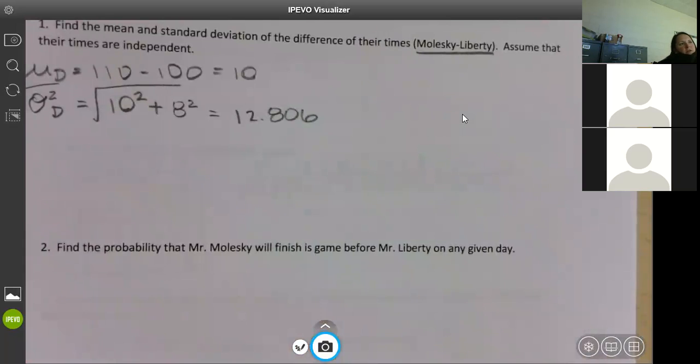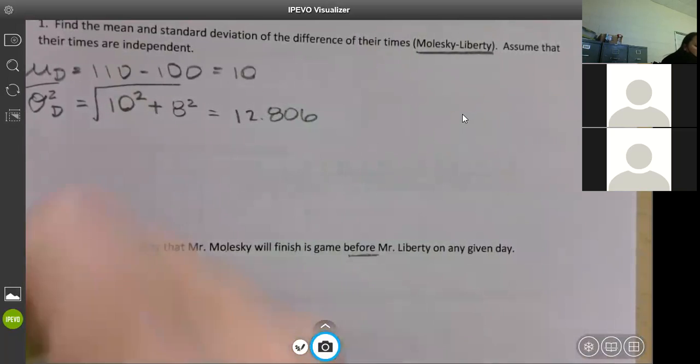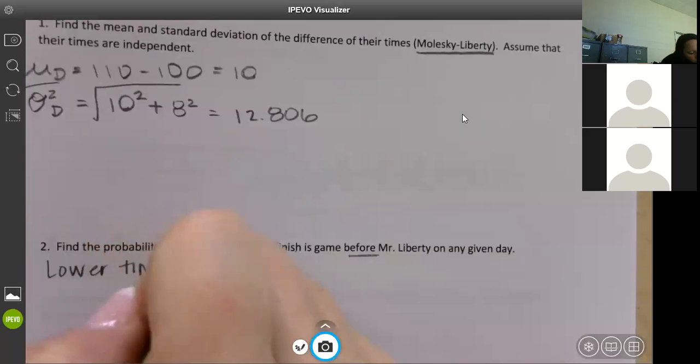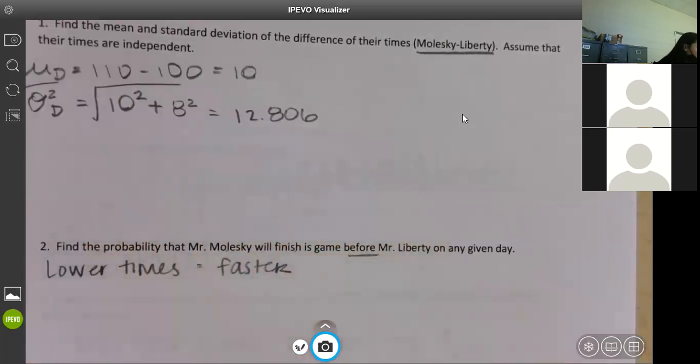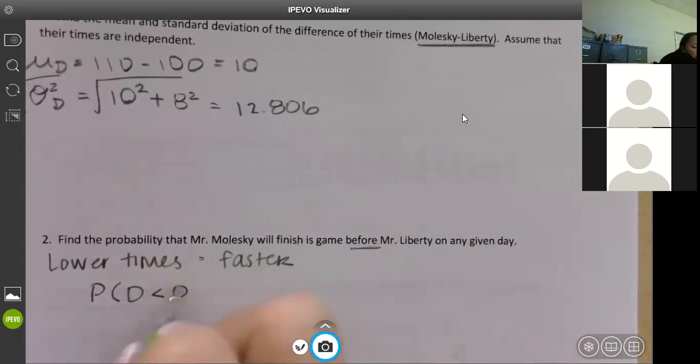All right, so be careful on this one because you're dealing with time again. Find the probability that Mr. Molesky will finish his game before Mr. Liberty on any given day. So remember, lower times equal faster. So we're looking for the probability that the difference is less than 0.